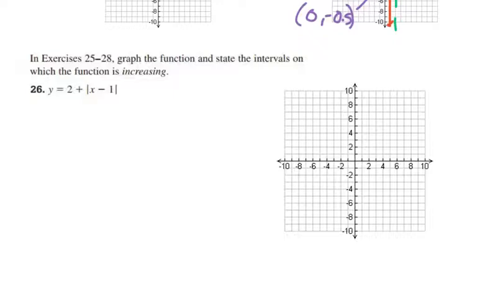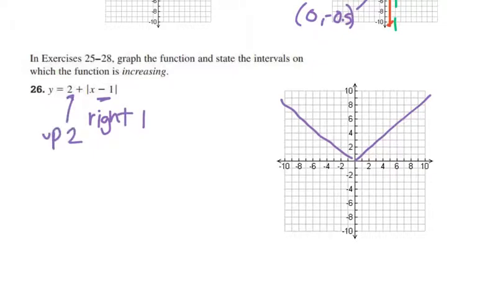The idea from this graph is that it would have been kind of going through this 0, 0, but we are going to do what this says, which is move right 1 instead of at 0, and then we're going to go up 2 from that 0, 0. So our official starting point is actually right here, and then it goes up 1 over 1 from there. There, and choop, choop, choop, choop.